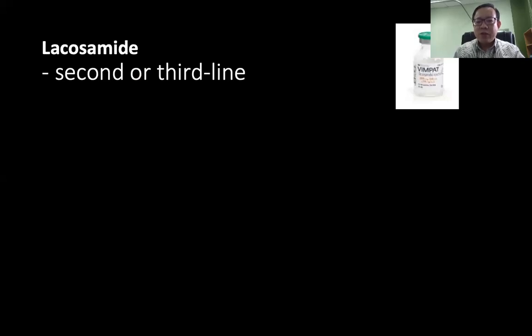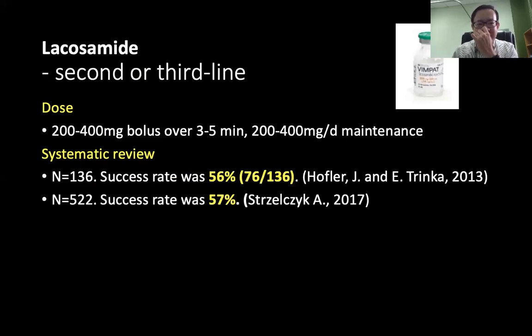But lacosamide was very useful when we first used it. Firstly, the dose of lacosamide is straightforward, a 200 to 400 milligram bolus. It can be given very quickly, over 3 to 5 minutes, and the success rate is about 50 to 60%, similar to levetiracetam or valproic acid. But we no longer have the choice of lacosamide in Malaysia.